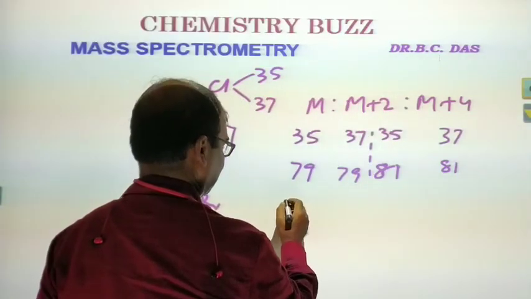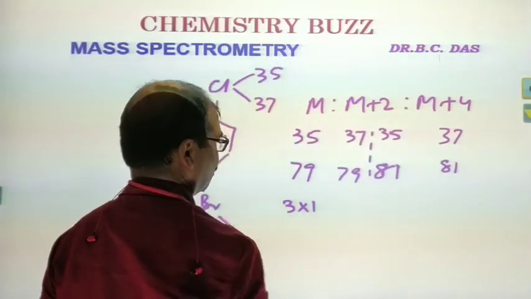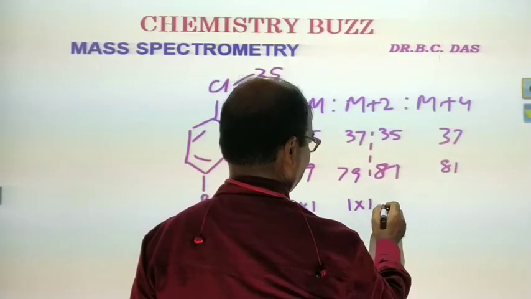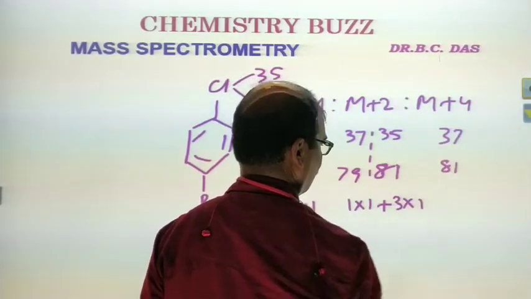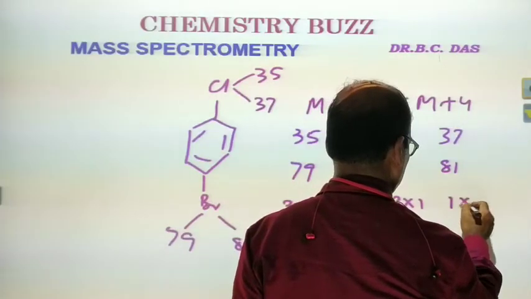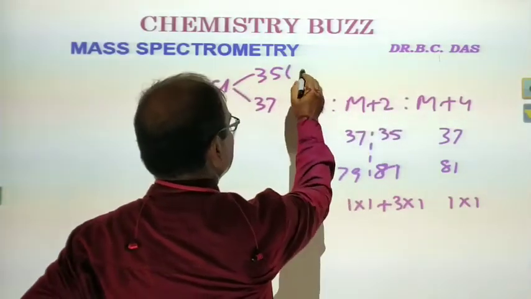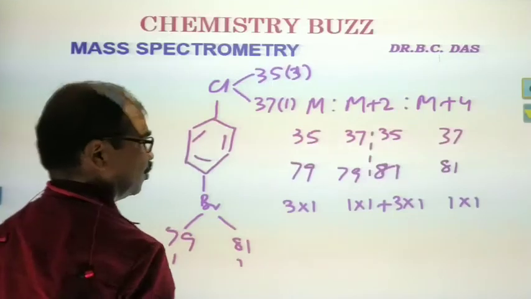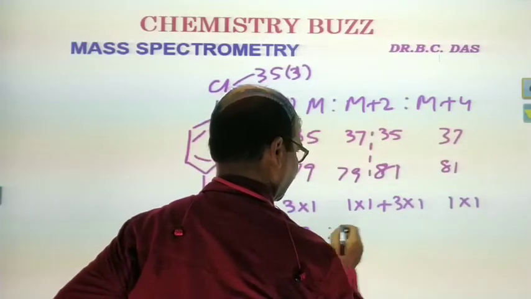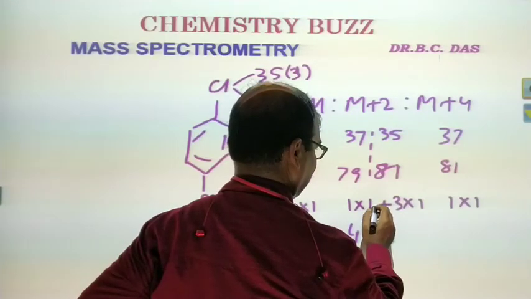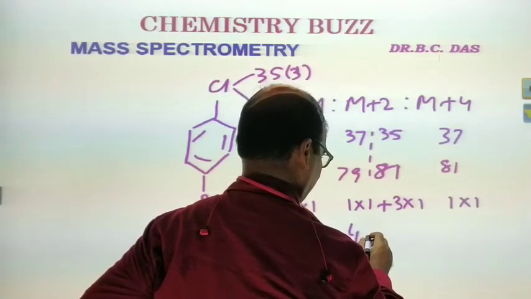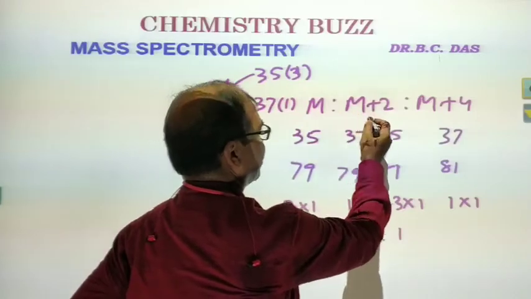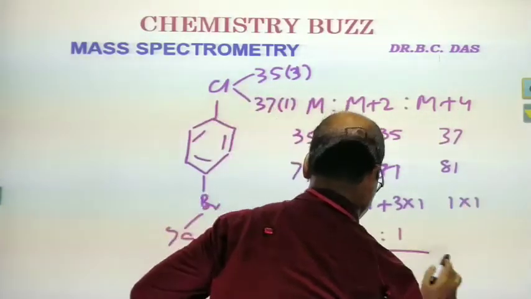The relative intensity for m is 3 into 1, here it is 1 into 1, plus 3 into 1, and here it is 1 into 1. Chlorine 35 is 3 and 37 is 1, and bromine is 1 and 1. So the ratio will be 3, 4, 1.